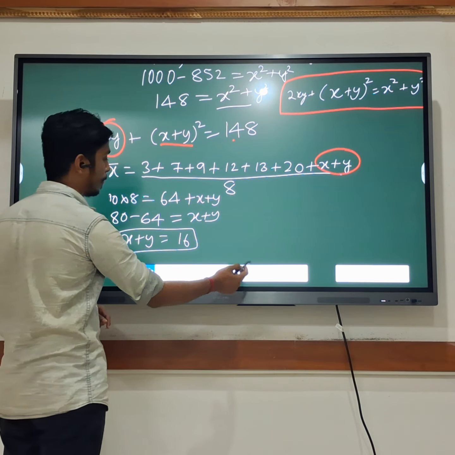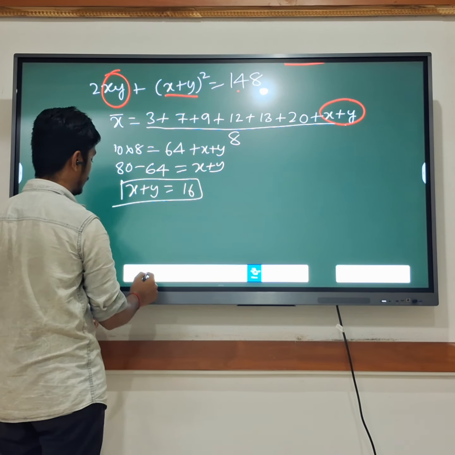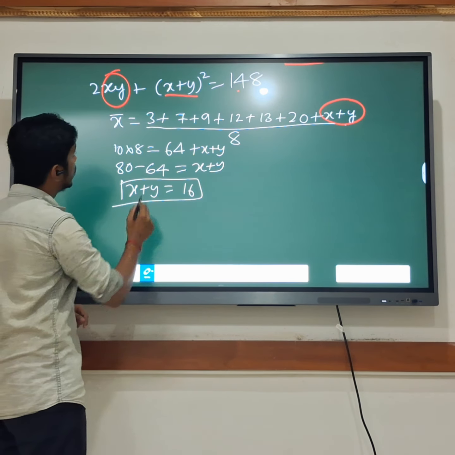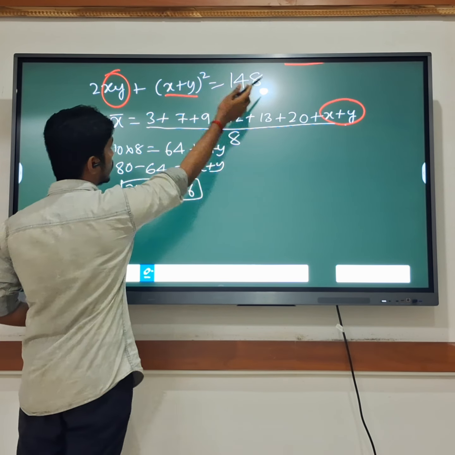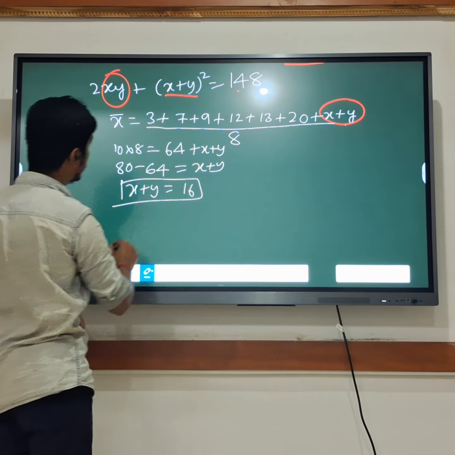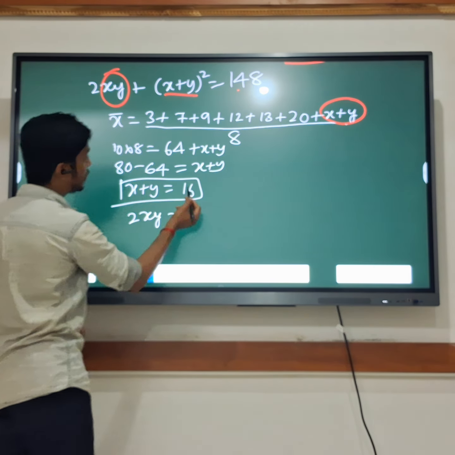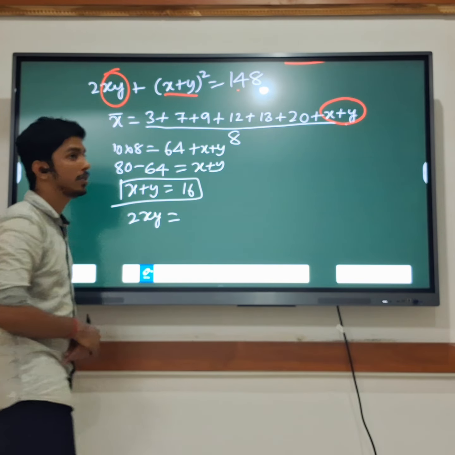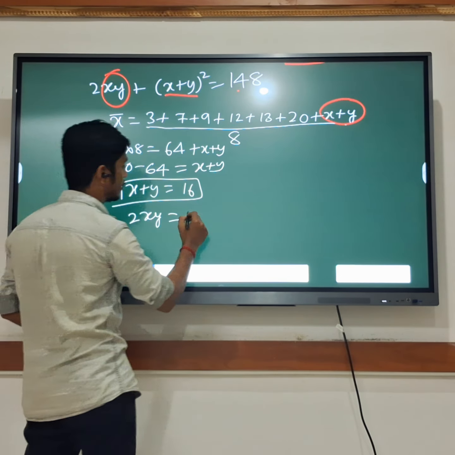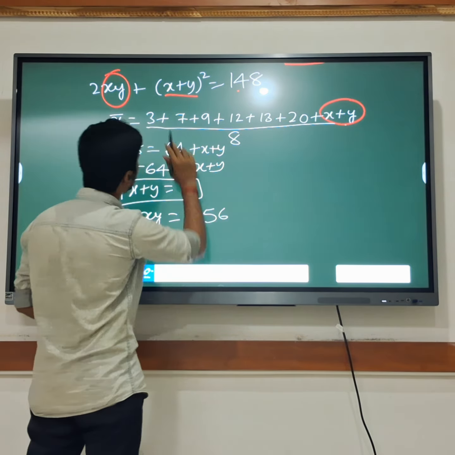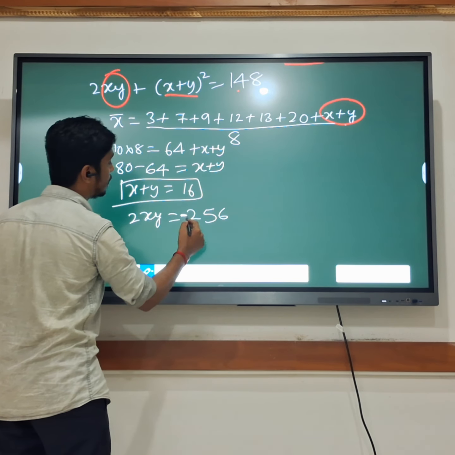Now see, last one. So put this x plus y whole square on the right side, then 2xy is equal to 16 square. 16 square means 256. 256 minus 256, this is minus.